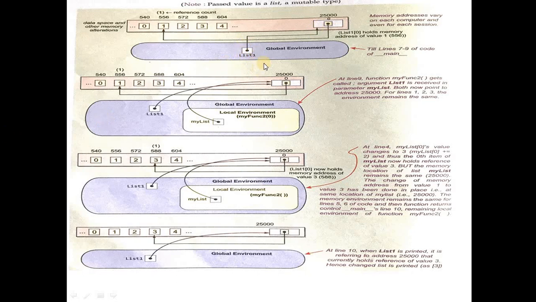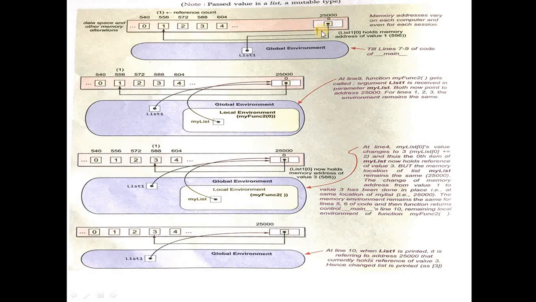When a mutable type is created, list 1 is stored in a memory location itself, for example 25,000 is the memory ID for list 1.